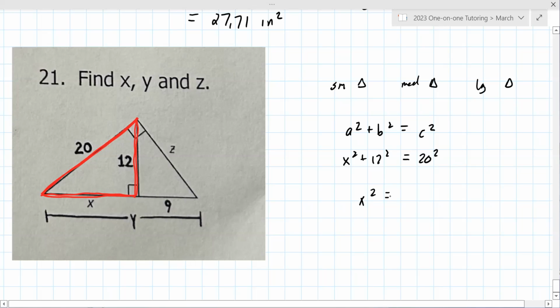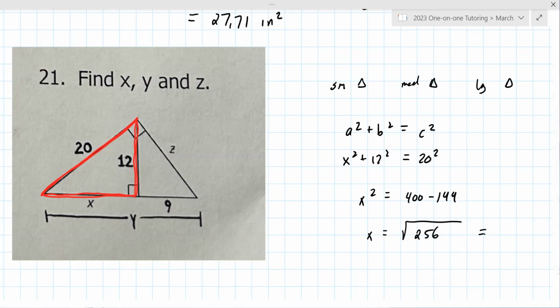So X squared equals 400 minus 144. It does work out nicely. Can you calculate that for us, please? 16. 16, yeah.